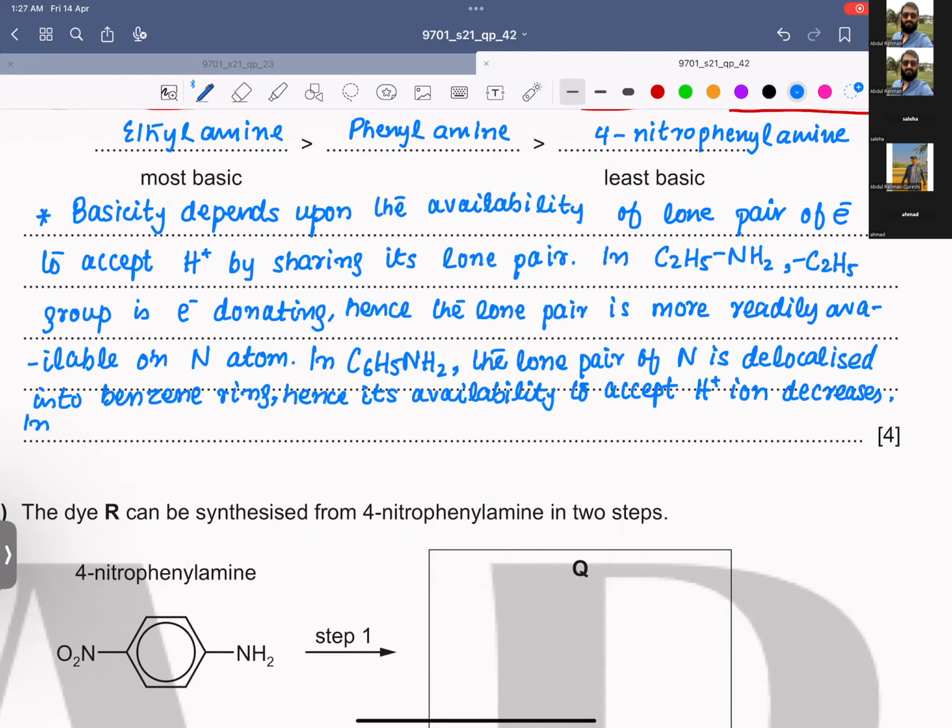Last, in 4-nitrophenylamine, the nitro group also withdraws electrons.